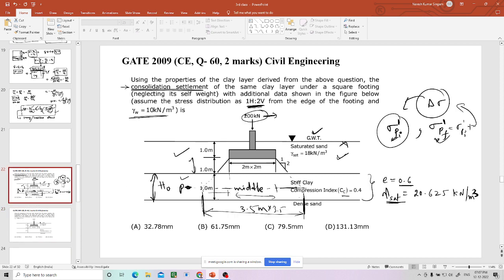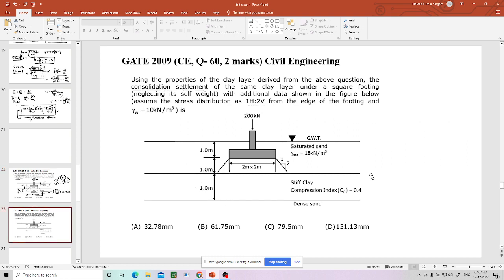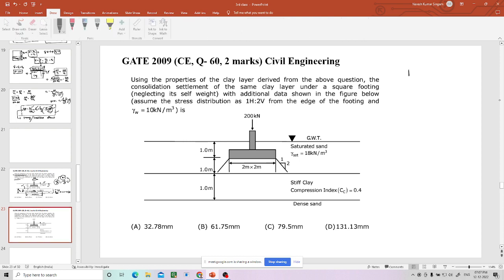So, till here we discussed, if you remember. Last time we discussed effective stress, as well as the consolidation settlement formula we have derived, right?